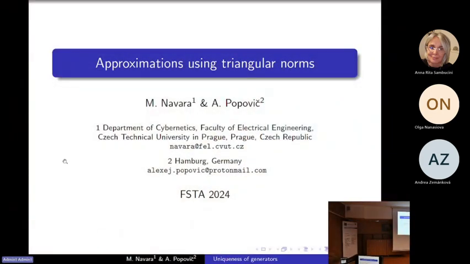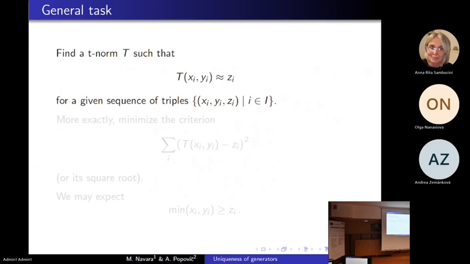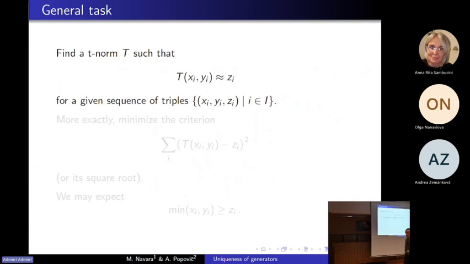I'm going to present joint work with my former student, Alexei Popovich. And the task was to find a T norm which approximately fits given data. Given data means that we are given two-dimensional points and values at them which should be followed as much as possible, not necessarily exactly.